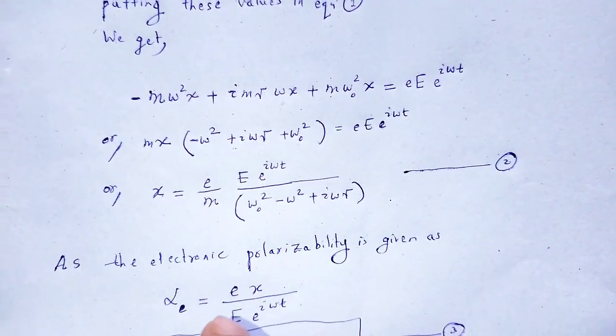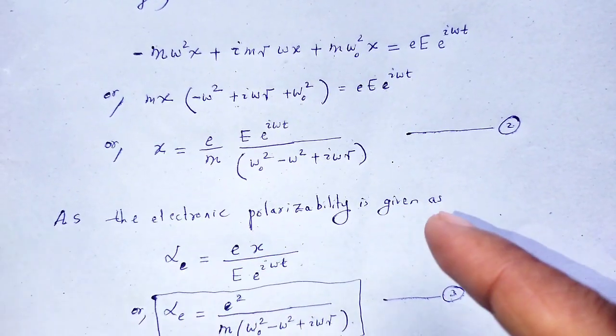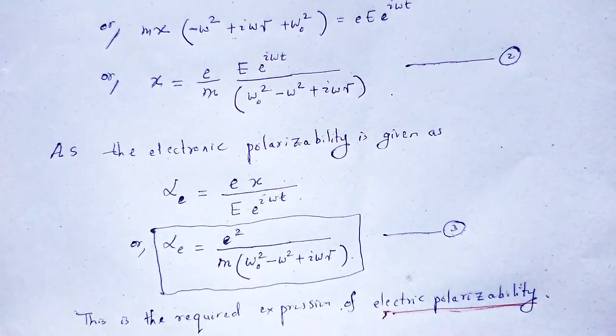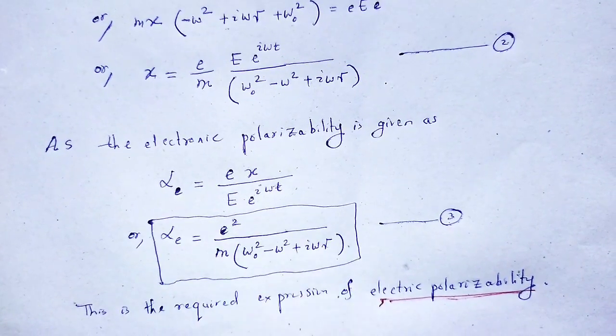Then finally, the expression for electronic polarizability by using classical theory is evaluated.